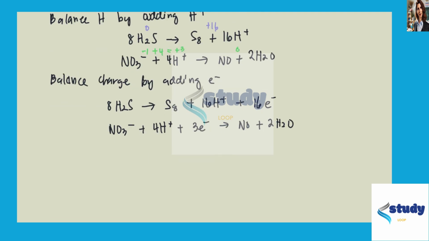Next, we have to make sure that the two equations contain the same number of electrons. So if the first equation has 16 and the second has 3, we can make them equal by multiplying the first equation by 3 and the second equation by 16.